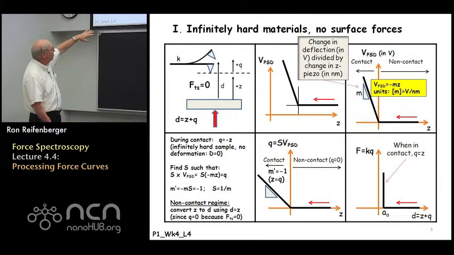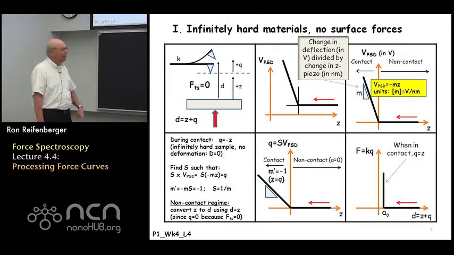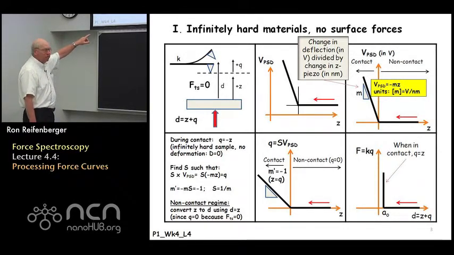What that means is that when the curve is properly calibrated, the slope when you're in contact is just equal to -1, and I indicate that in the fifth panel on this slide. So the mathematics required to achieve that is indicated in the fourth panel.